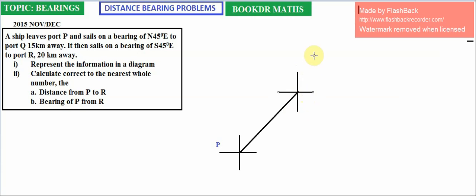Then I close that position with another cardinal point. Good. And that position is called Q, capital letter Q. Then at Q, it then sails at the bearing of south 45 degrees east. It implies at the South Pole turn 45 degrees towards the east, then move 20 kilometers away.